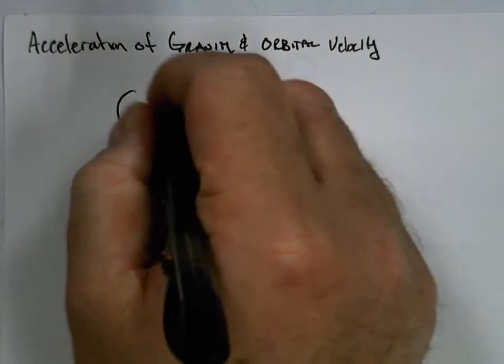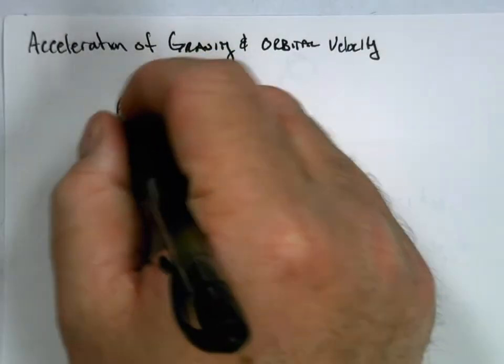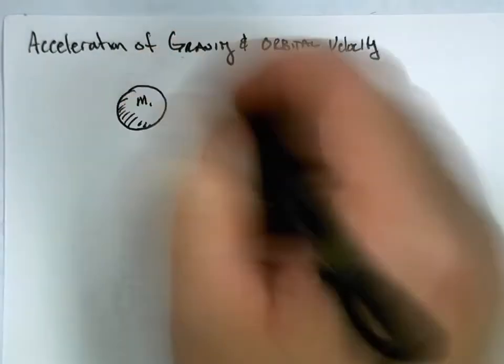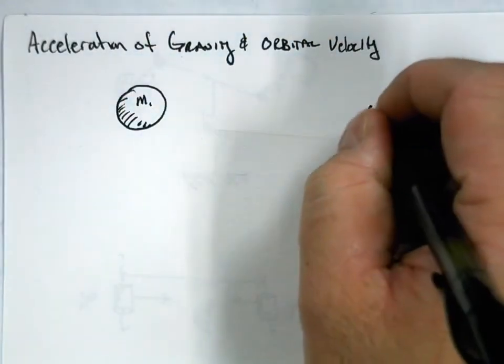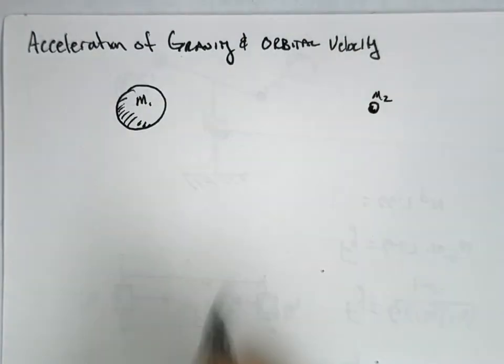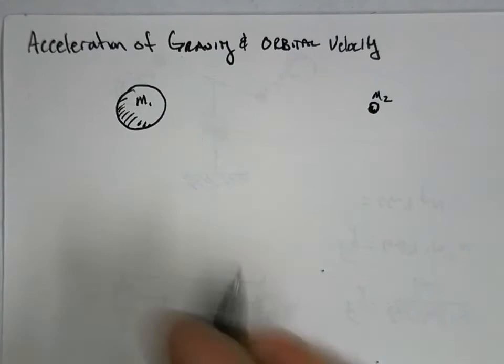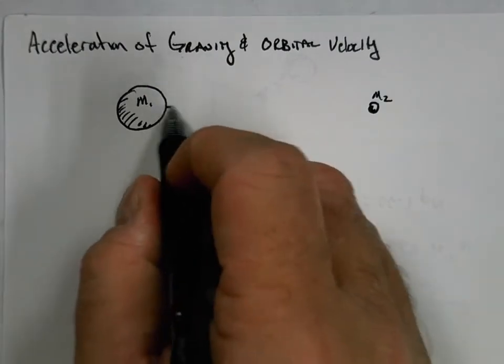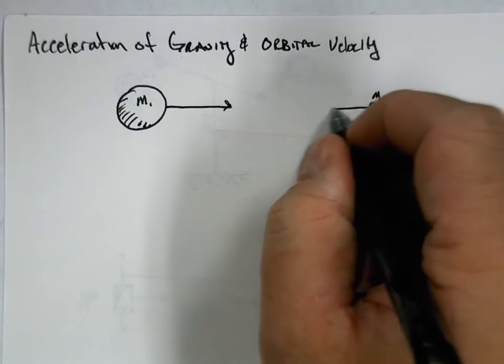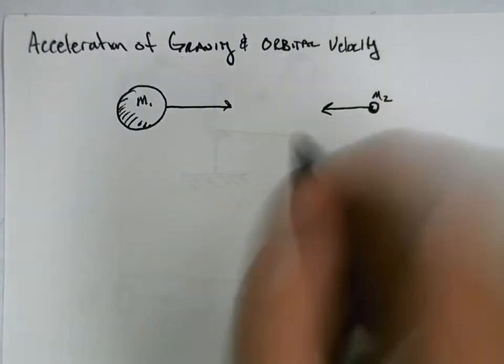We start with our quick review. We have a mass. We'll call this M1. And we have another mass over here. We'll call this M2. And mass 1 exerts the force of gravity on M2.